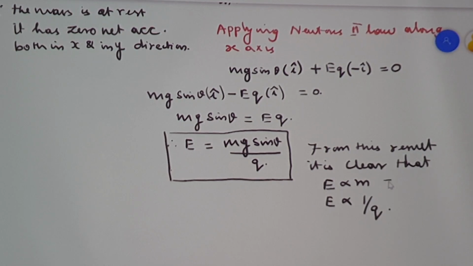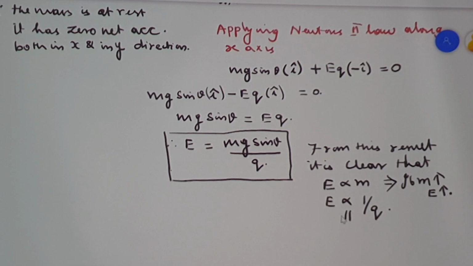What is the explanation that you can give? If mass increases, then the amount of electrical field needed also increases, or vice versa. That is, if mass decreases, the electrical field applied also decreases.